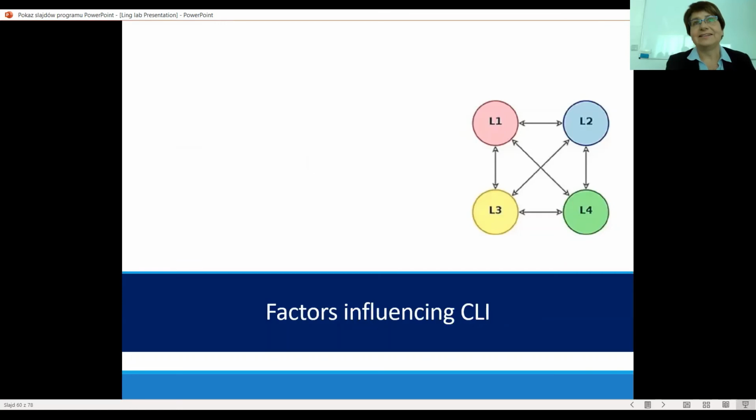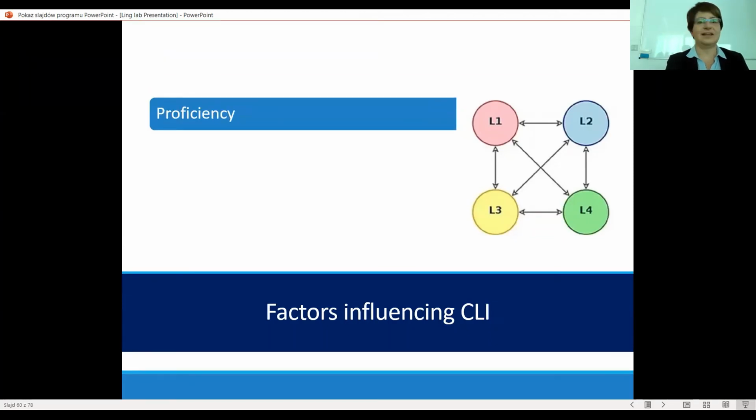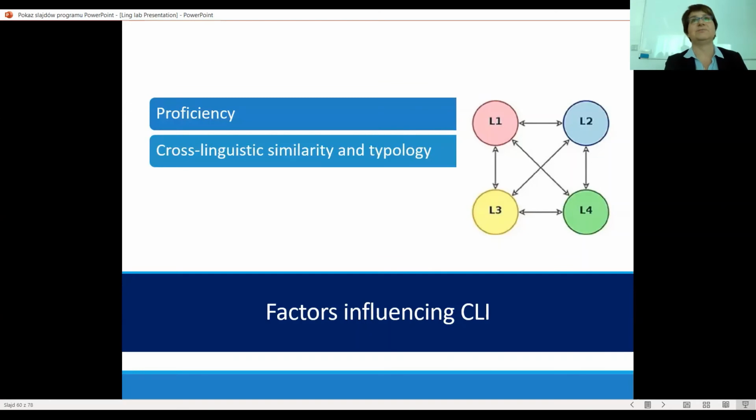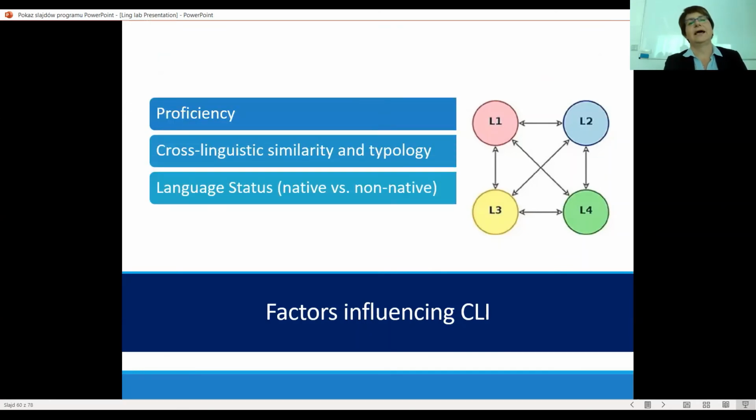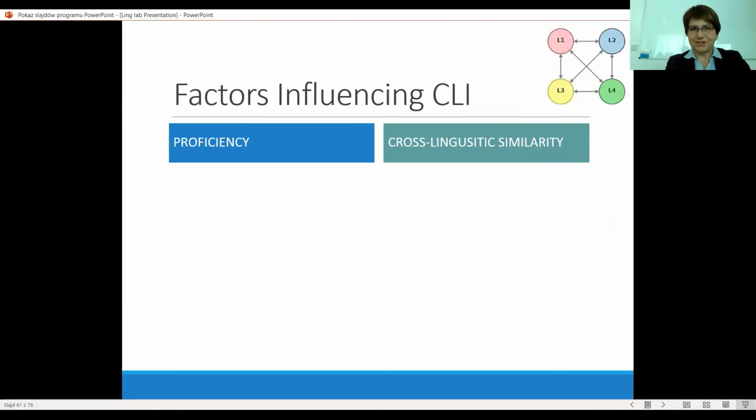And this cross-linguistic influence will be affected by quite a lot of factors, like proficiency in the languages, cross-linguistic similarity and language typology, language status, native versus non-native languages, and some meta-awareness once again. I will just briefly go through those factors.